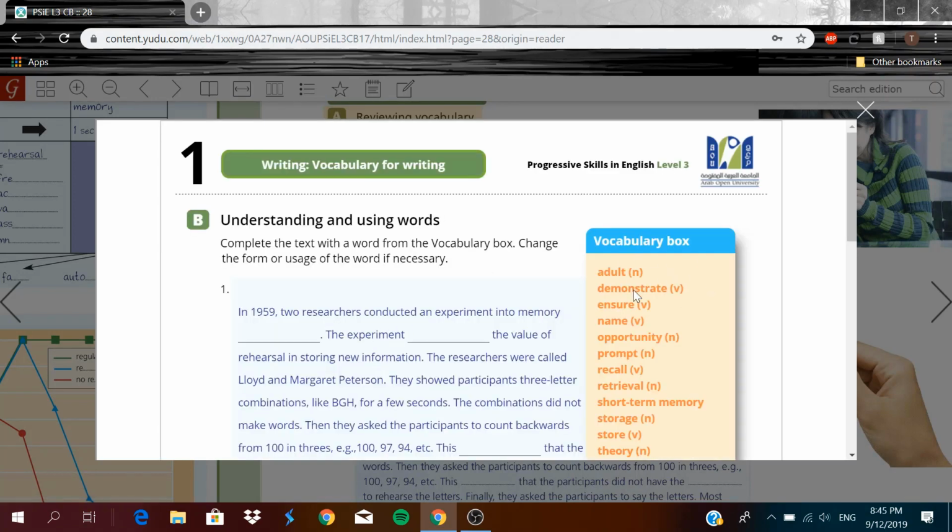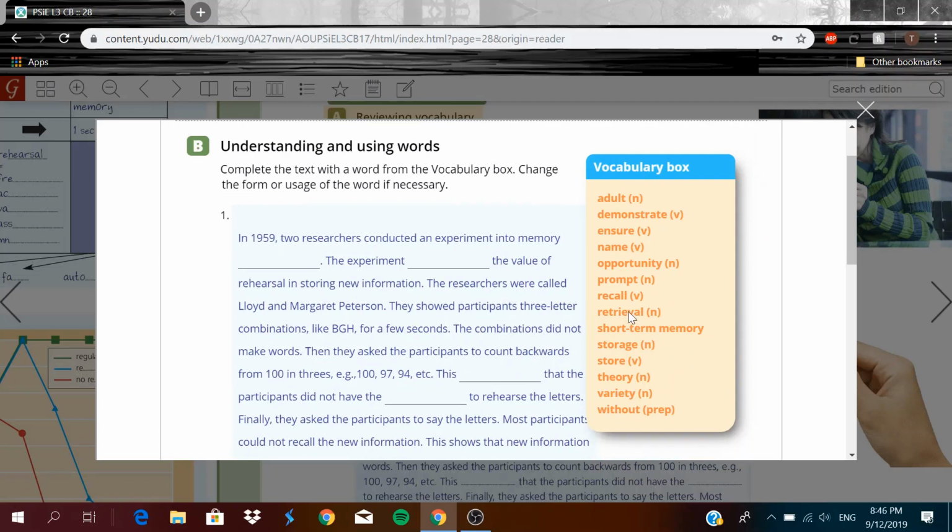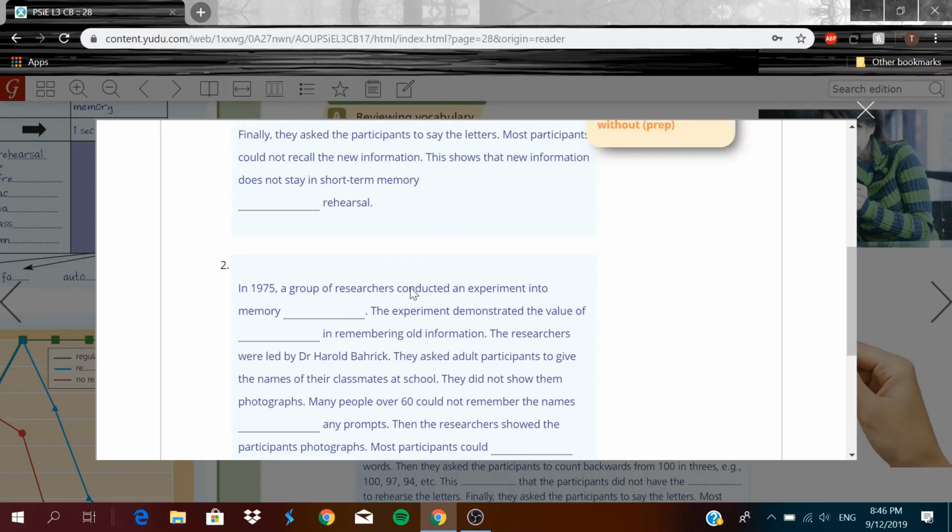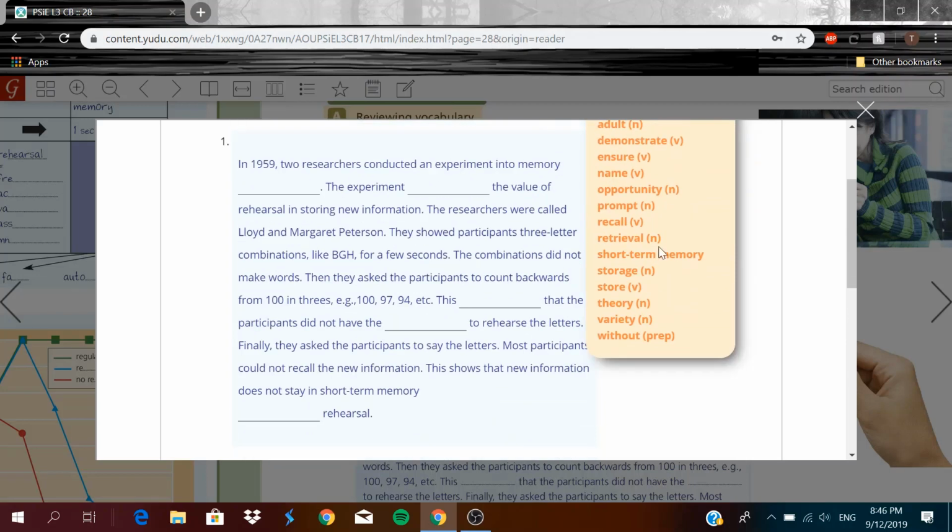So here we have the vocab box, and what I want you guys to do is actually write these down, because we're gonna use most of these words right now. And again, practice your pronunciation, but now go and check all of the meanings of these words. Make sure that you know what every single word in this vocab box means, okay? Because these two texts right here are gonna heavily rely on you understanding what these words mean.